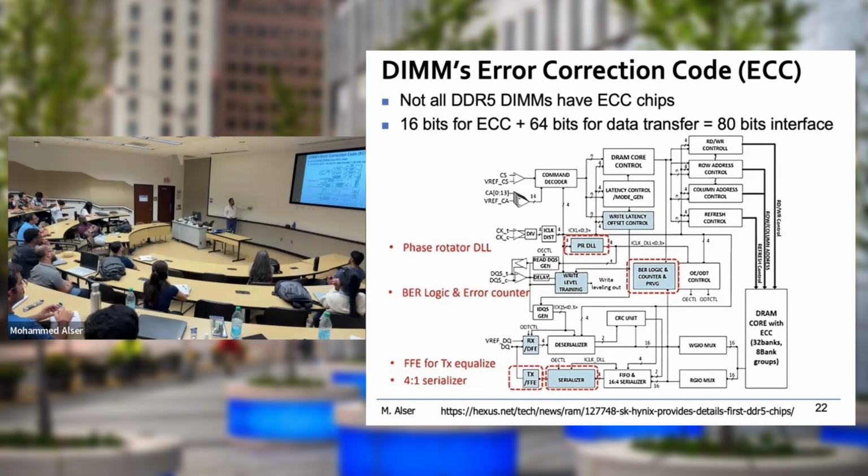Because this Rowhammer attack happens only if you activate that row and then you activate that row in a certain time period, if you do it really quickly. If you do it slowly, like you activate that and then you wait a few minutes and then you activate that, it's not going to impact the victim row, okay? So one of the ECC mechanisms is just to block the user from requesting activating nearby rows within a time period.